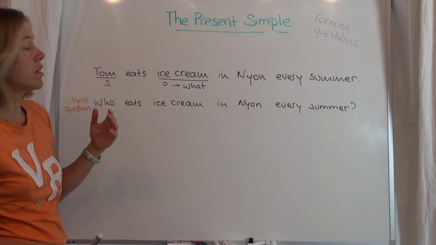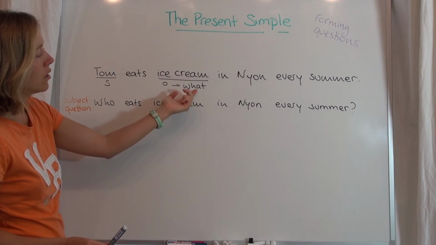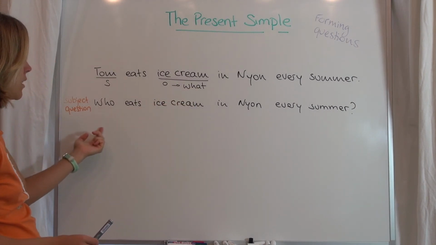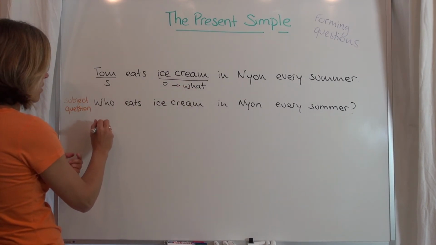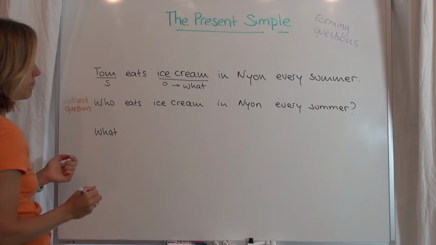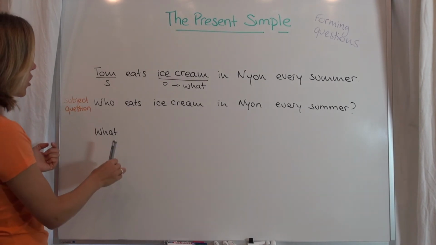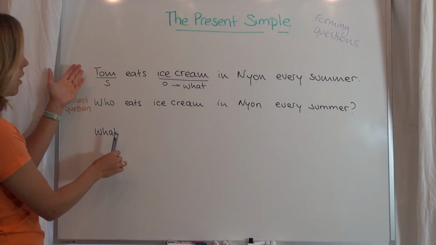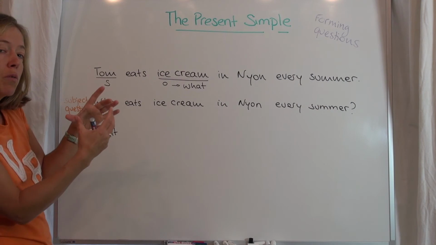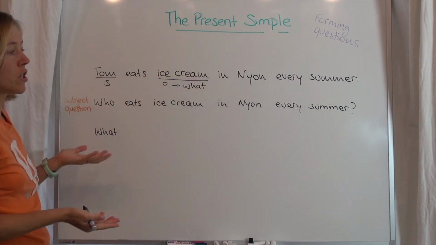Nyon every summer. This is not a question. We have to put that WH word at the beginning. So we'll start off with that what. What? And then, as I explained, in a question, you always have to have something before the subject, a verbal element before the subject, so you cannot say what Tom eats in Nyon every summer.